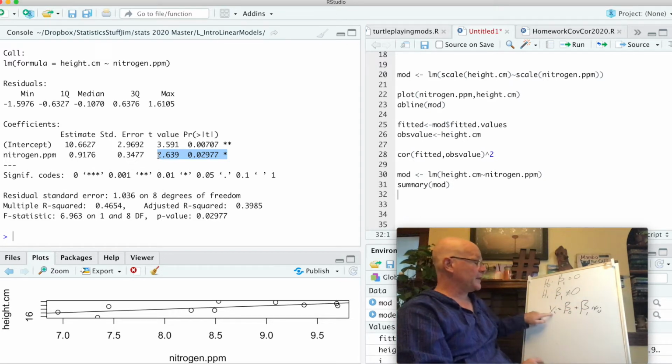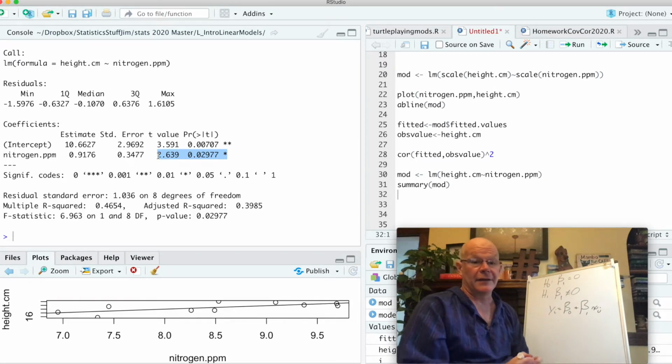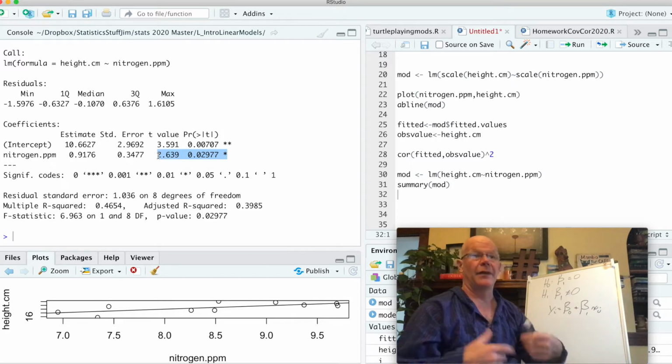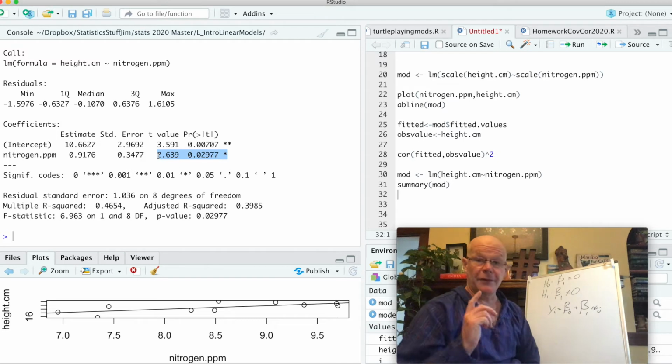And that's the best way, based upon the data on hand, that we can estimate our value for y. And in this case, it is the height. All right. So there's the first way to think about the hypothesis testing.